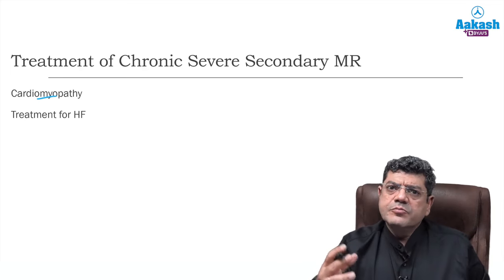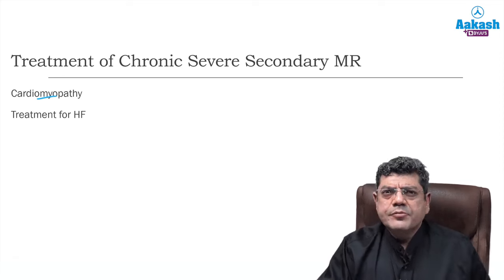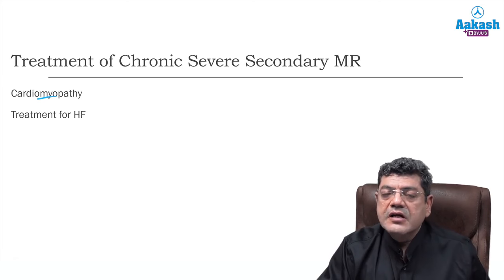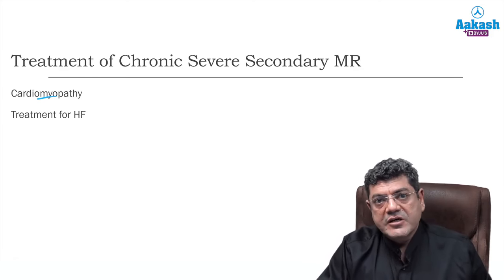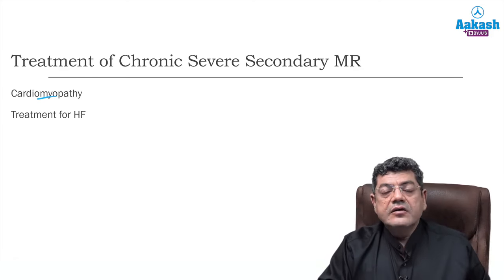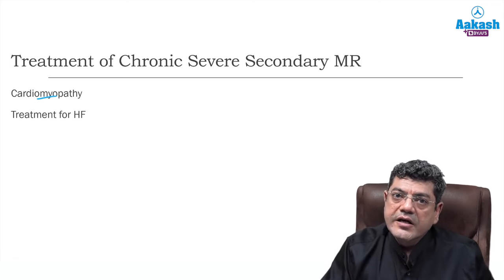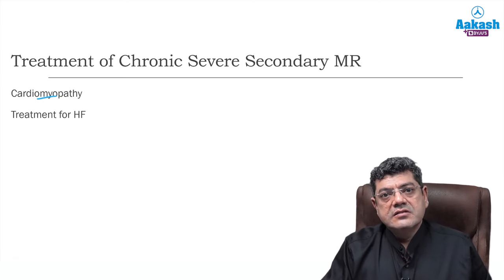You give them diuretics, both loop diuretics and potassium sparing diuretics, mineralocorticoid receptor antagonists like spironolactone. You'll give them SGLT2 inhibitors, right? And eventually you might need to use a biventricular cardiac resynchronization device, right?